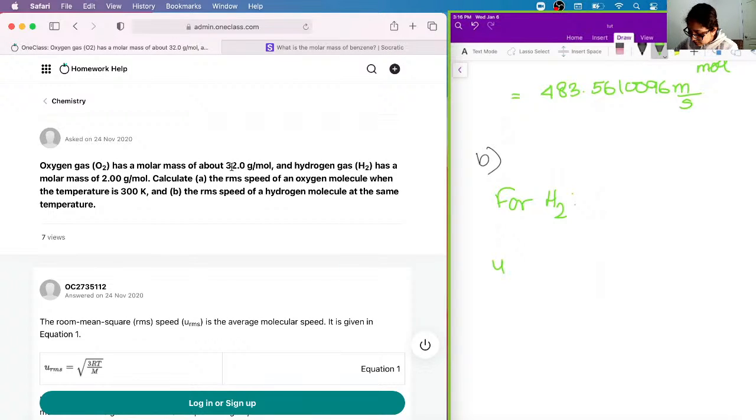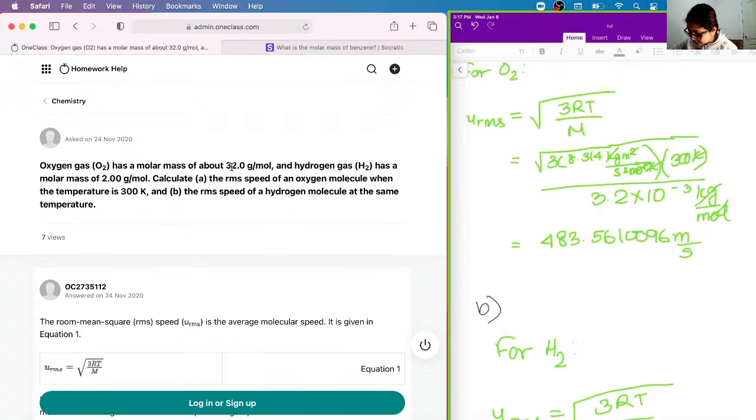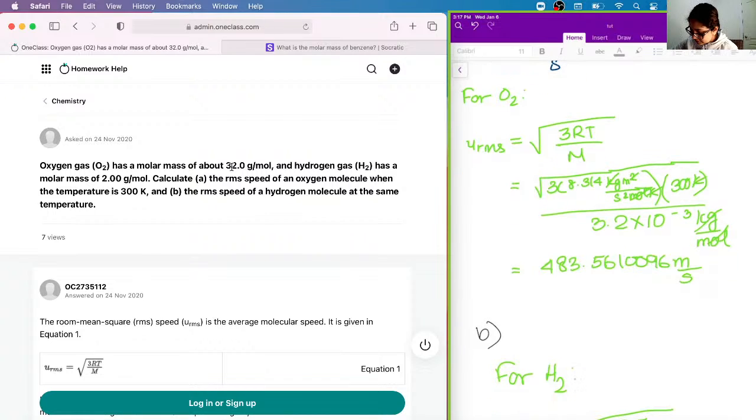So we have u RMS is equal to the square root of 3RT over M. Actually, the square root is supposed to cover the whole thing.